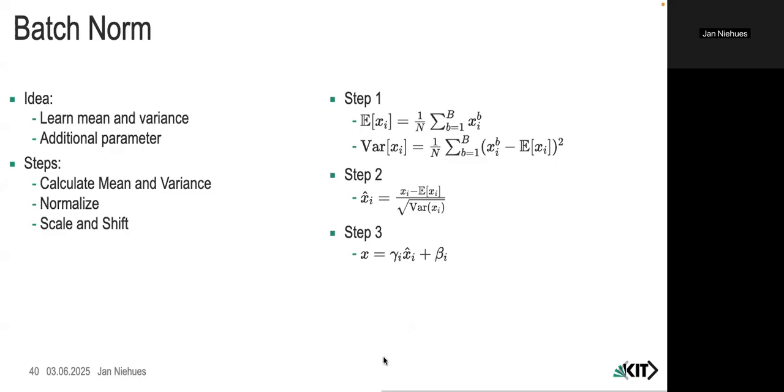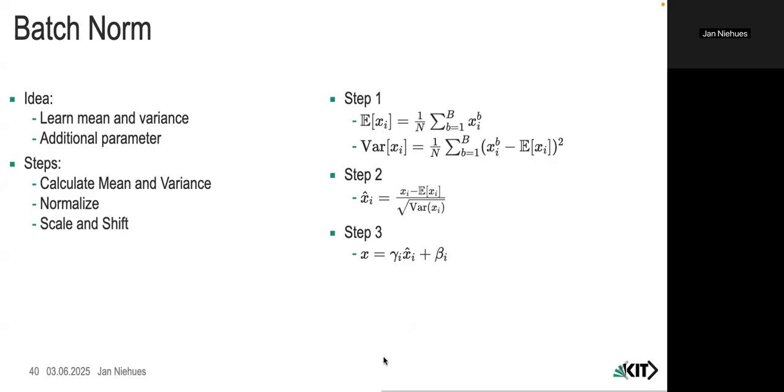And then we have two additional parameters, gamma and beta, which now scale it again so that we have any variance and shift, so any expectation that we want to have. The advantage of that is that we're learning that explicitly, and we're changing that explicitly, and it will be constant over different samples. So it's not that we randomly have that. Well, we can explicitly learn how we do that.